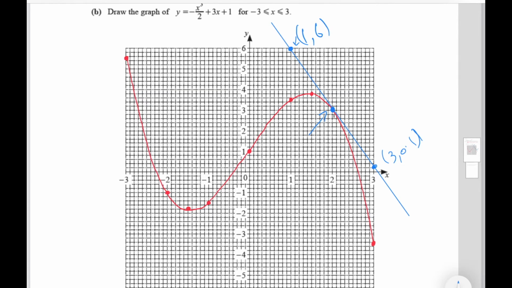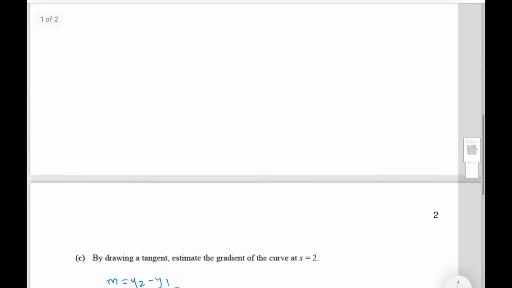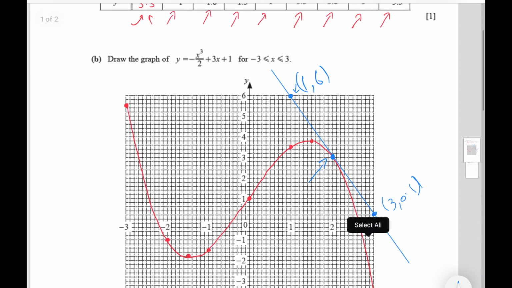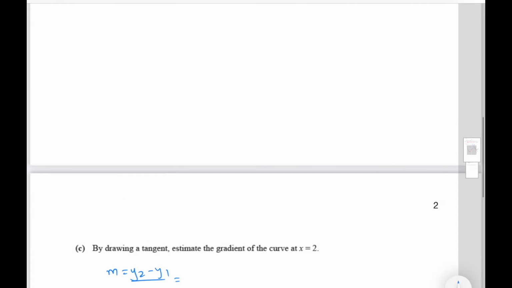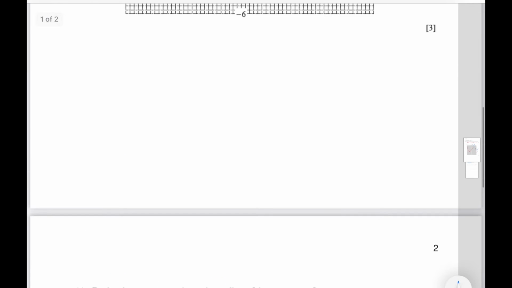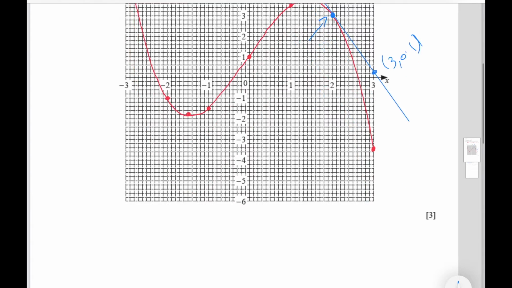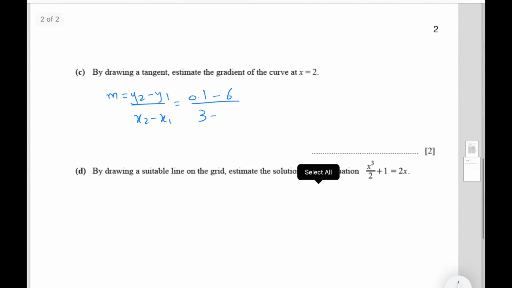Okay, so let's find the gradient. We do m equals y2 minus y1 over x2 minus x1. y2 is the smaller value, which is 0.1, and y1 is 6, so we do 0.1 minus 6 over the x2 value, which is 3, and the x1 value, which is 1. So we do 3 minus 1.